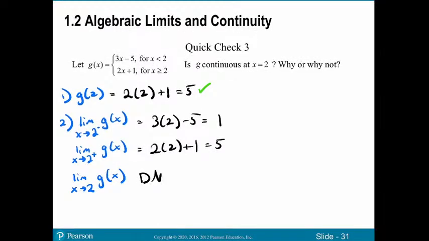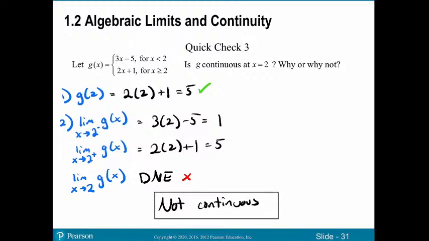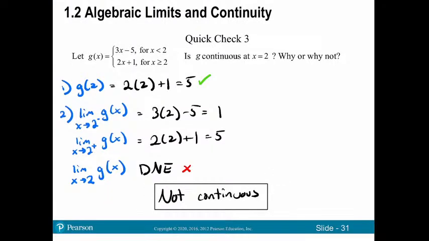So that one fails, so it's not continuous.